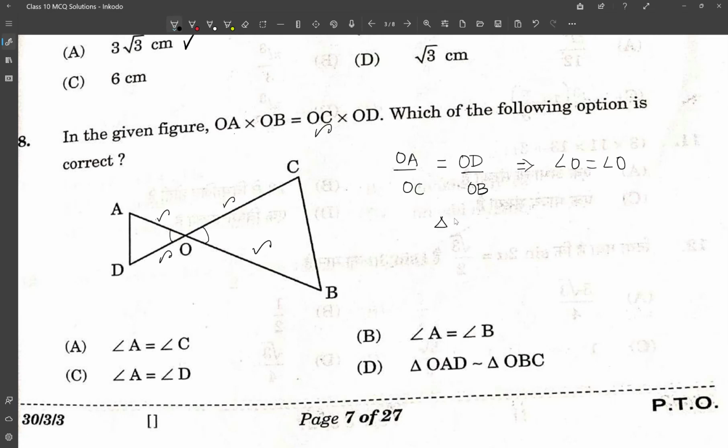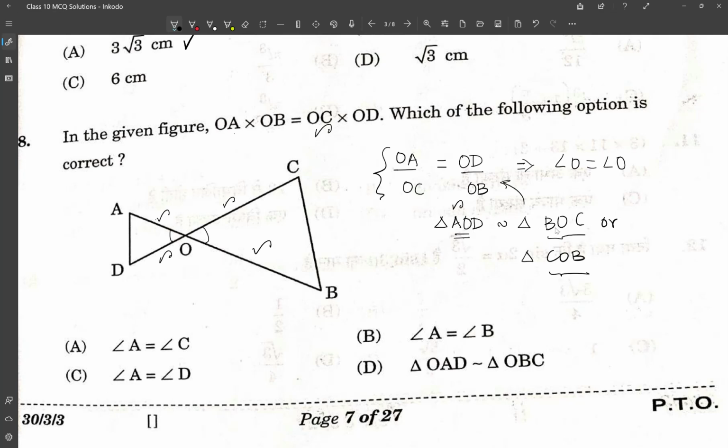Now we have two similar triangles. So the first triangle, I'm writing it in any order, so AOD is similar to triangle. So O is equal to O. So for A, now in this case, AO should be, so we can write it in two ways. One is it can be BOC, or it can be triangle COB. Now we have to check whether this one's correct or this one's correct from the given ratio, which is equal, right?